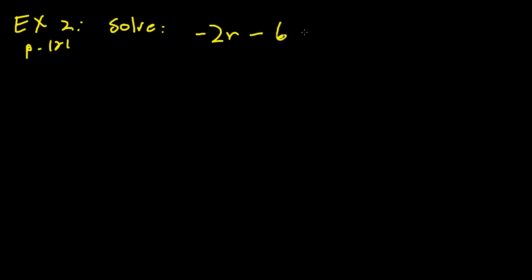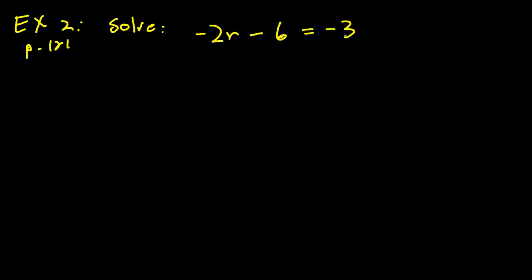Again, solving equations with variables on one side of the equation. This is example 2 on page 121. Solve. And of course, they're going to get a little harder as we go up the line here. Minus 2r minus 6 equals negative 3.